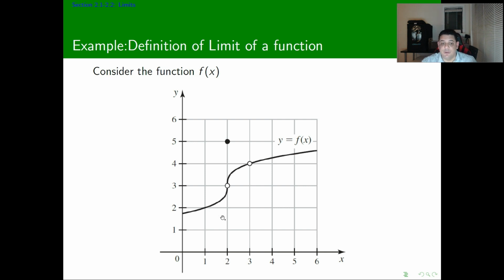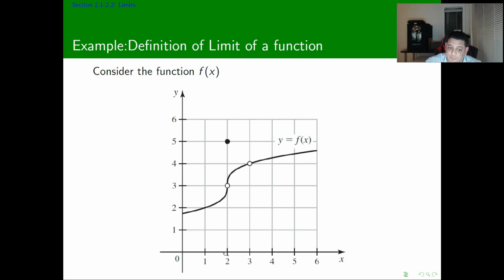However, if you take numbers that are getting closer to 2, where are we going? It is a very different value. Notice if we take values between 1 and 2, so we approach 2 from the left, when you check the image, you're going to see that those numbers are approaching 3.